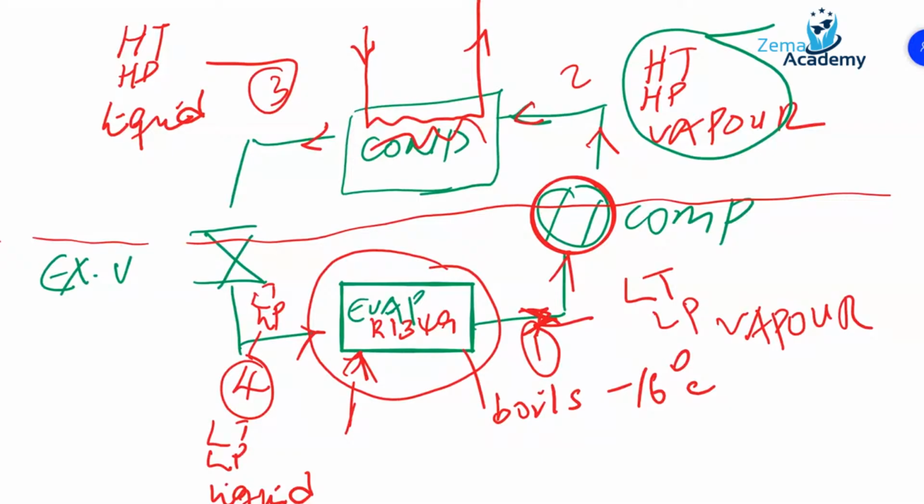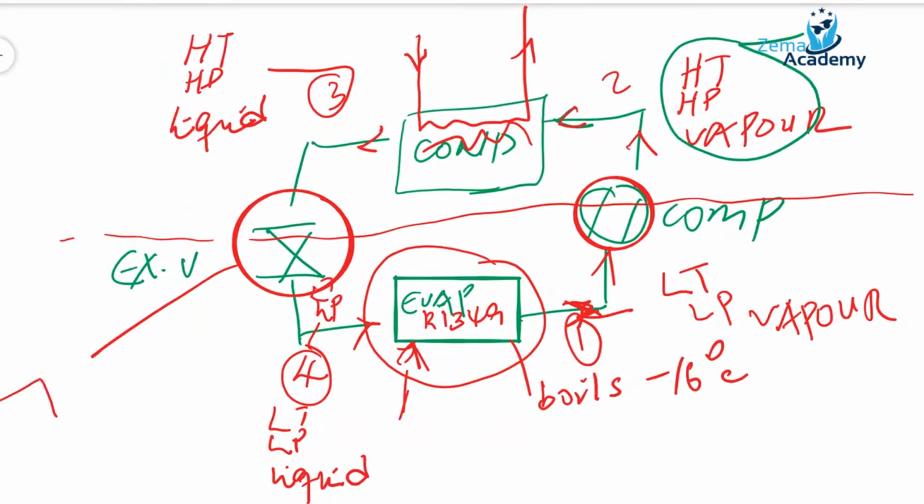In order to reduce the temperature and pressure of the liquid from high to low, we pass it through an expansion valve. How do we reduce the high temperature and high pressure to low temperature and low pressure? It uses Bernoulli's principle. There is a venturi inside the expansion valve. By suddenly reducing the area of the pipe, you are able to expand the liquid, and therefore reduce the temperature and the pressure.